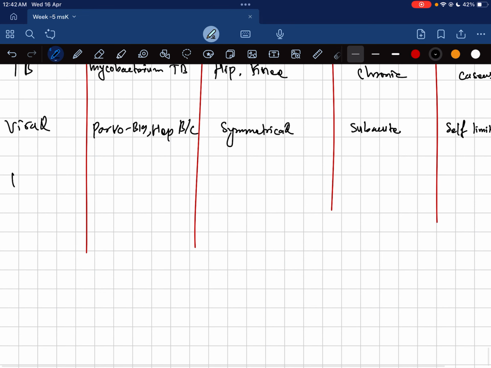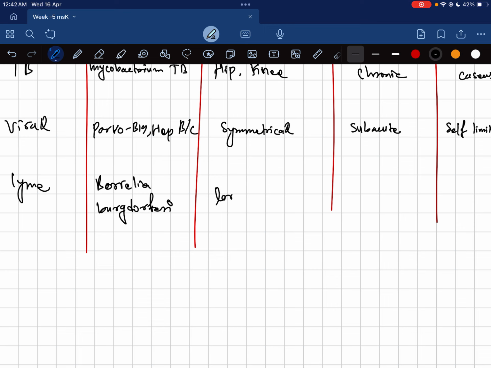When we look at Lyme, the organism is Borrelia burgdorferi.